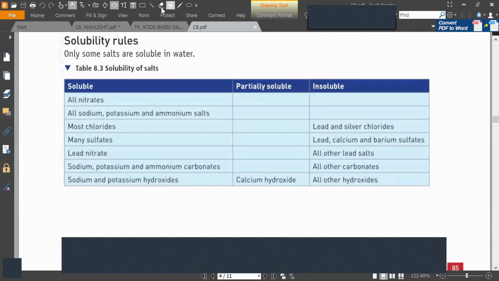So it's good to know the solubility rules.